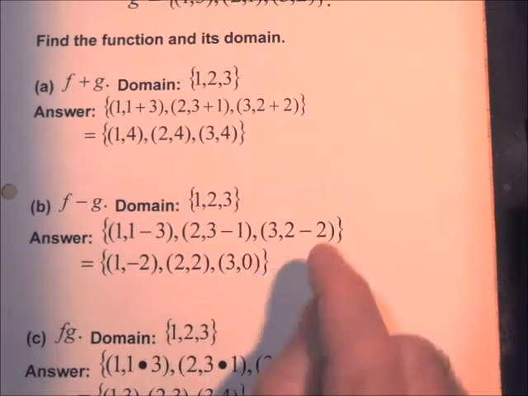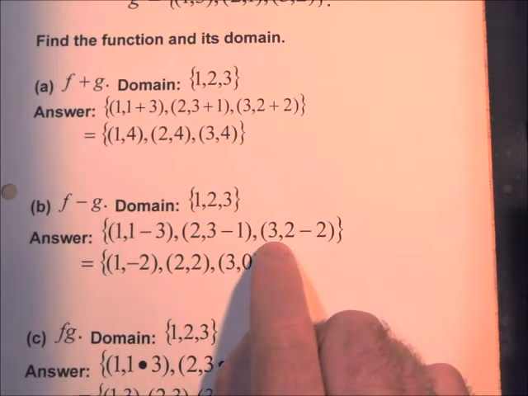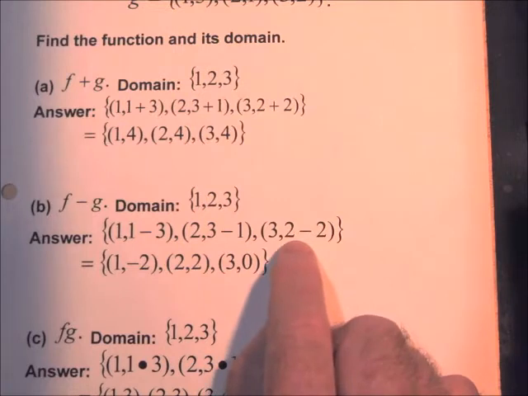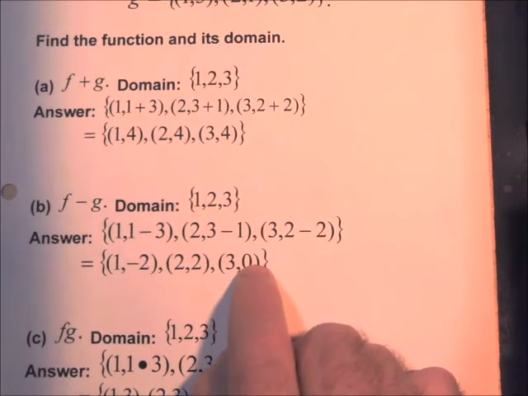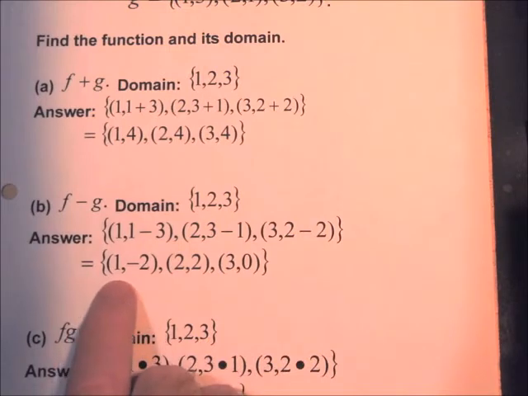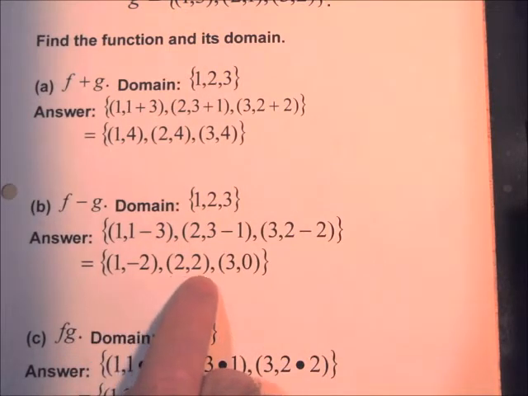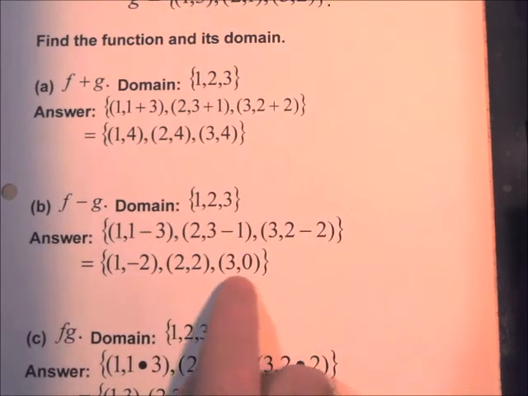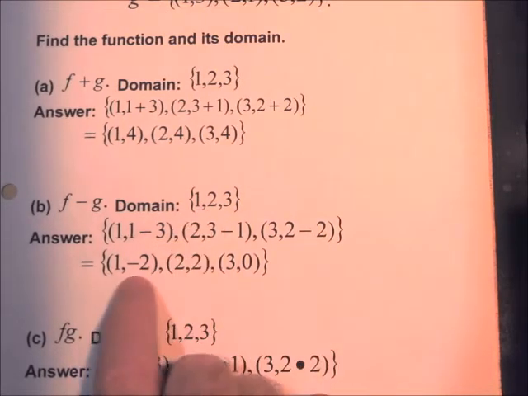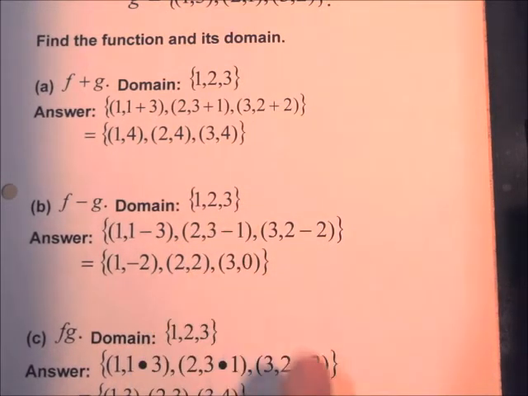That'll give us (2, 2). And if the input is 3, f minus g will be 2 minus 2, which is 0. So the new function is (1, -2), (2, 2), and (3, 0). And again, the domain is the set of first coordinates, which is 1, 2, and 3.